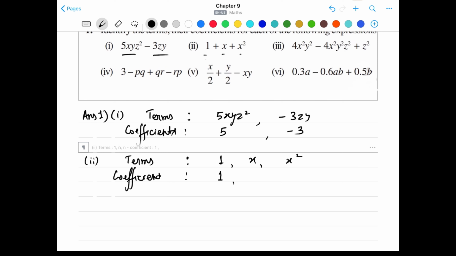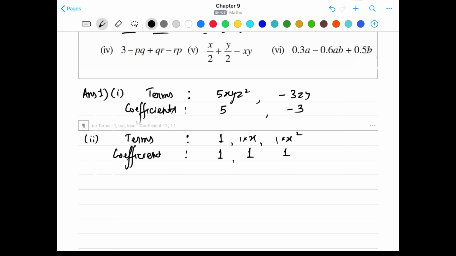Coefficient of x is also 1 because there is always a number 1 multiplied to all the variables. And again there is a constant number 1 multiplied to each variable, so the coefficient of this one is also 1. Simply you understand this like this: if you are not given any constant number, the coefficient for that term will be 1. Okay, now see part 3.